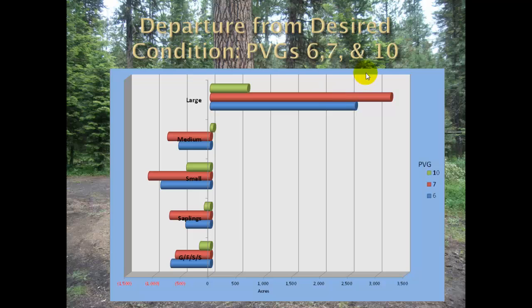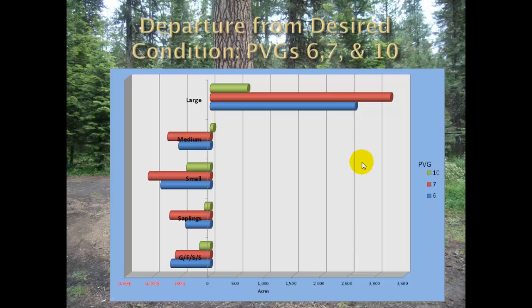PVGs 7 and 10. The chart is showing a significant amount of acres in the large tree size class, over 3,000 acres in PVG 7, over 500 acres in PVG 10. And notice the shortfall in the other size classes.